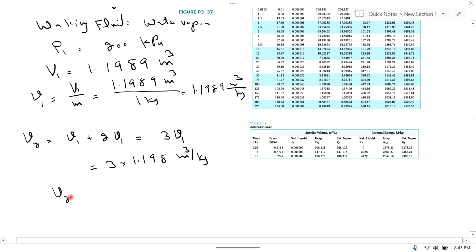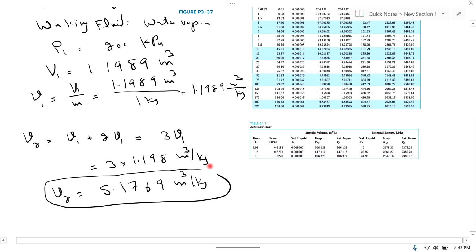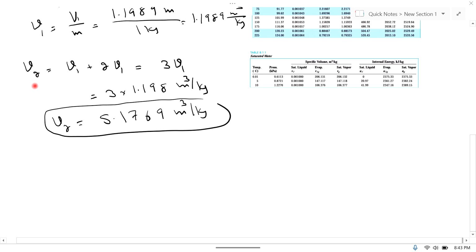So V2 is equal to 3.5967 meter cube per kg. This is the final volume and specific volume, and we know that mass is 1 kg, so total volume and specific volume are the same.